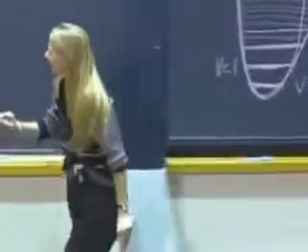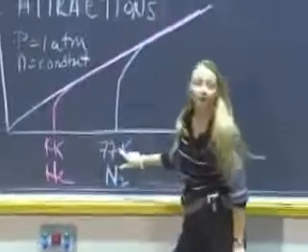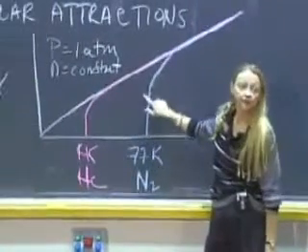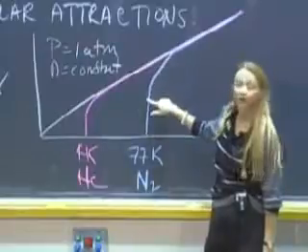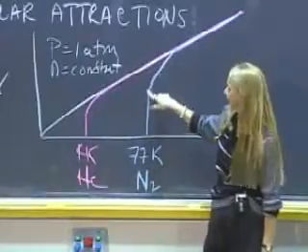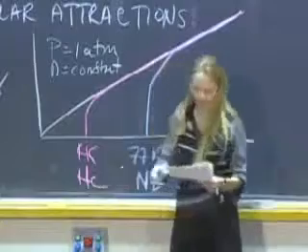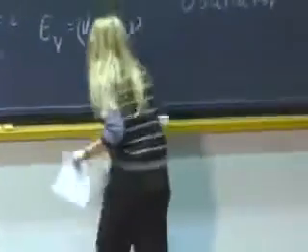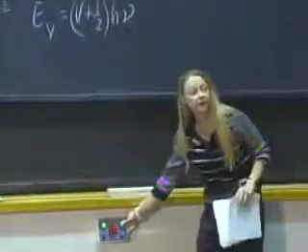And so you can understand what happens right here, but we also want to understand why does PV equal nRT start to deviate before we get to the boiling point of the liquid? And the reason is because of these intermolecular attractions.